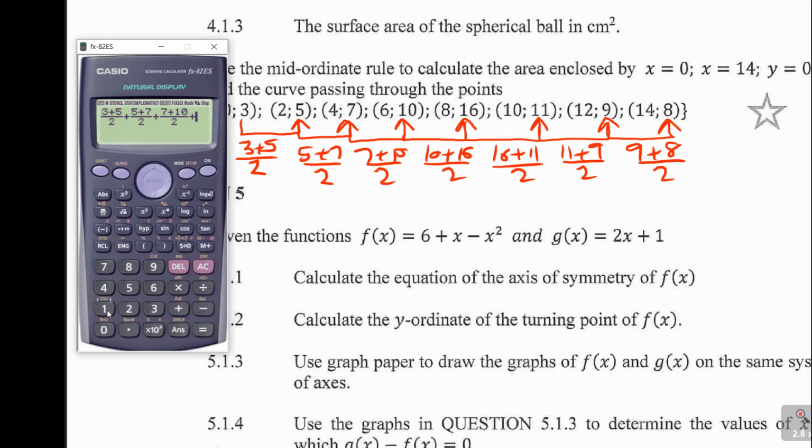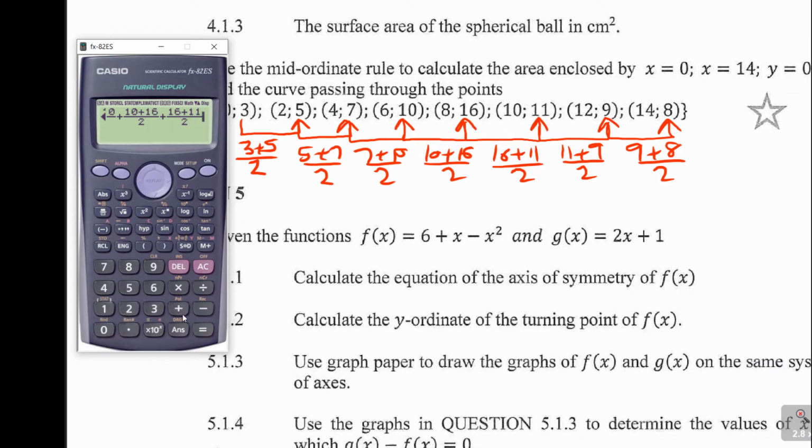After 7 plus 10, you've got 10 plus 16 over 2, then plus 16 plus 11 over 2.